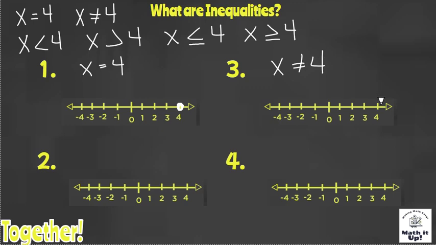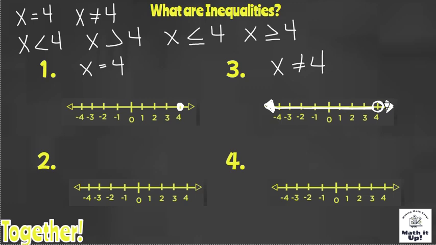So we don't want 4 to be part of the answer, so we put a ring around the 4. And then we're going to graph everything else on our number line. So what that's telling us is x is everything but that 4, because we have put the ring around it, meaning that is not part of our answer.